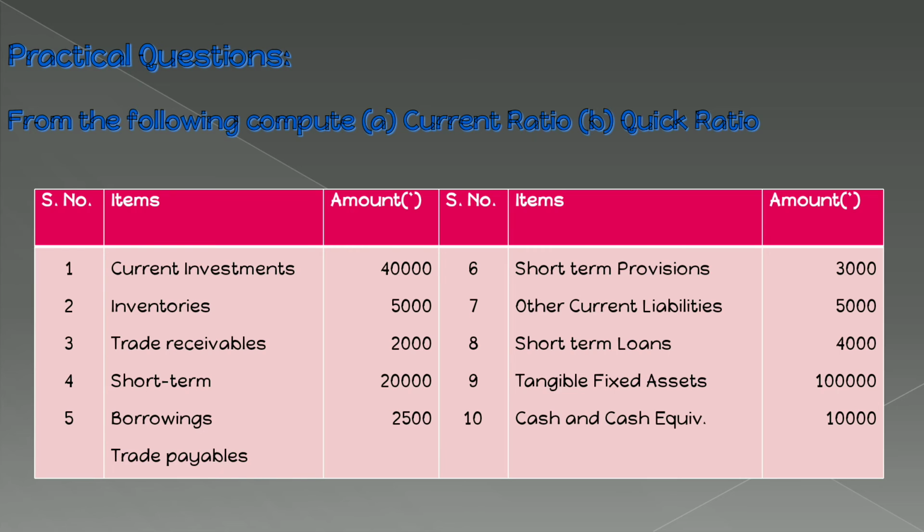The things which will be included for calculating current assets, तो ये हम यहाँ पे डिसाइड करते हैं, क्या क्या होगा बताइए. Current investment, yes, it will be included in current assets. Inventories, yes. Trade receivables, yes.